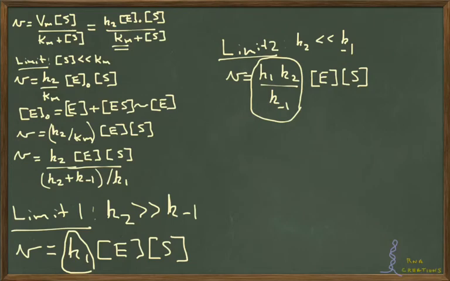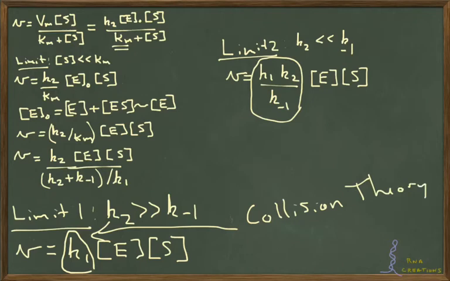So the other thing to be mindful of is that k1 is the association rate constant here. And from collision theory, the fastest that two things collide under typical rates of diffusion is 10 to the 9th to 10 to the 10th per molar per second for k1.